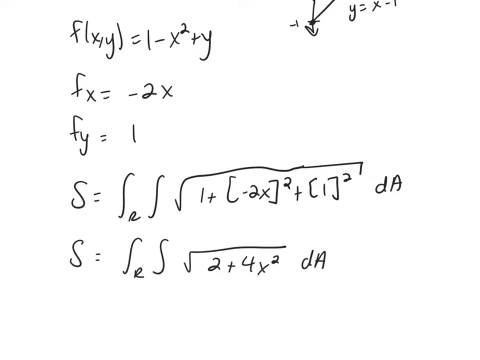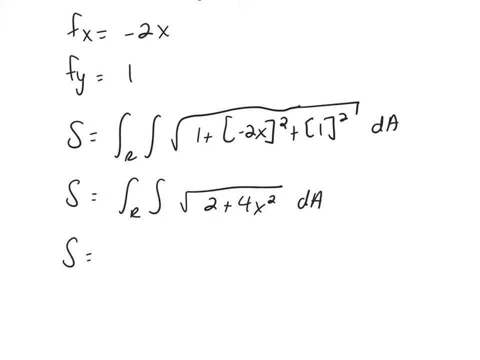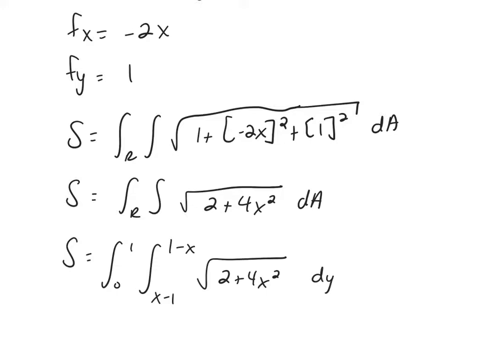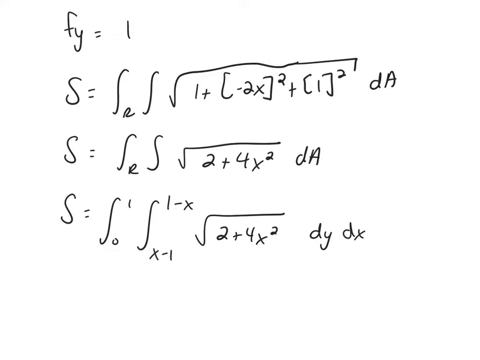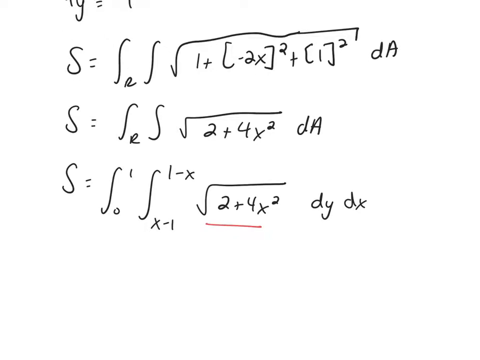And now we're going to use our description of R: x goes from 0 to 1, y from x minus 1 to 1 minus x, dy dx. Now notice that there's no y in our function. So when I integrate with respect to y, I'll be getting this square root times y.